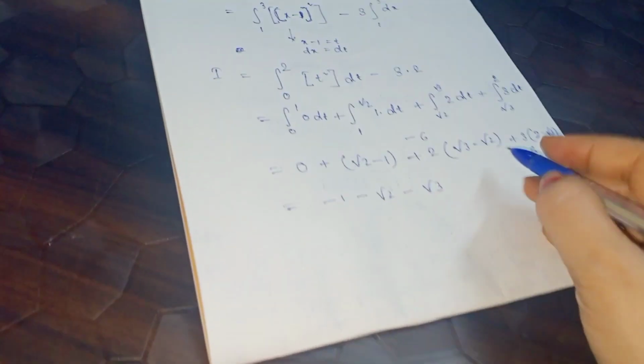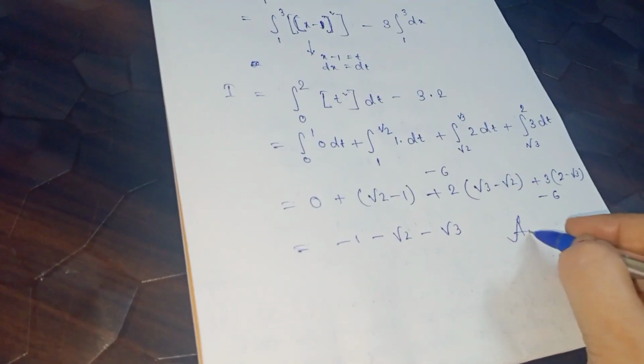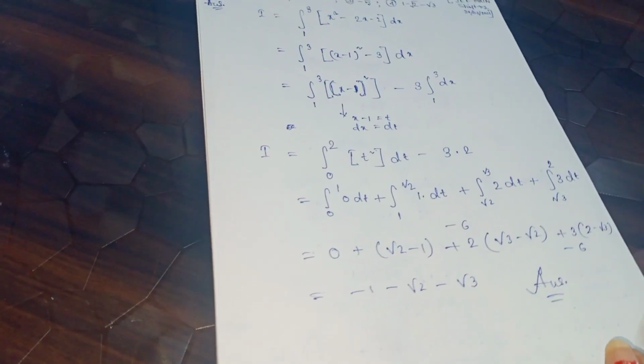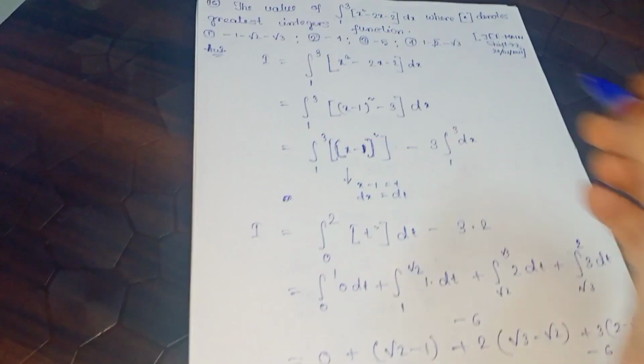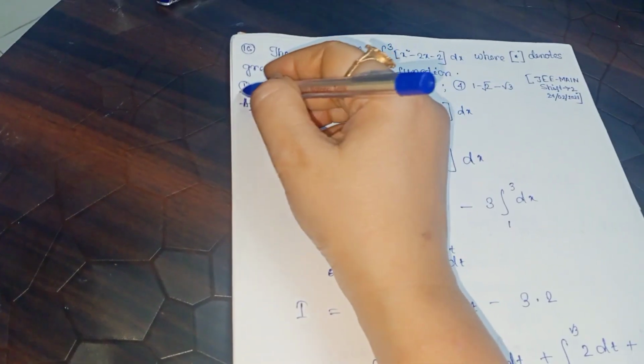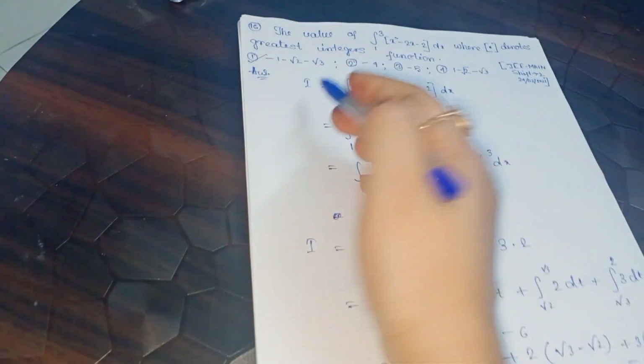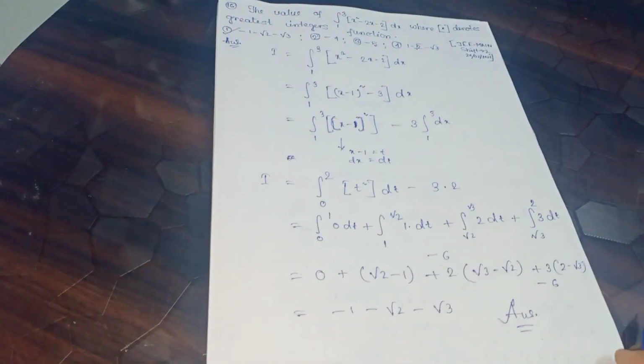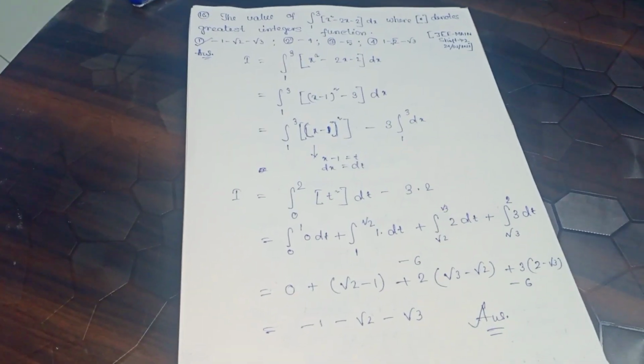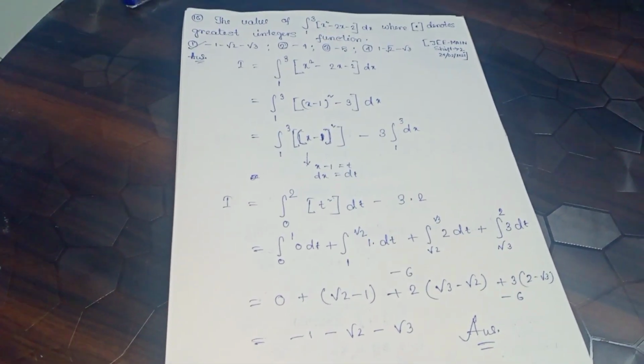So it is our required solution. This is the integral value, and our option is minus 1 minus root 2 minus root 3. So option 1 is our correct choice. So here is the whole solution of question 16.